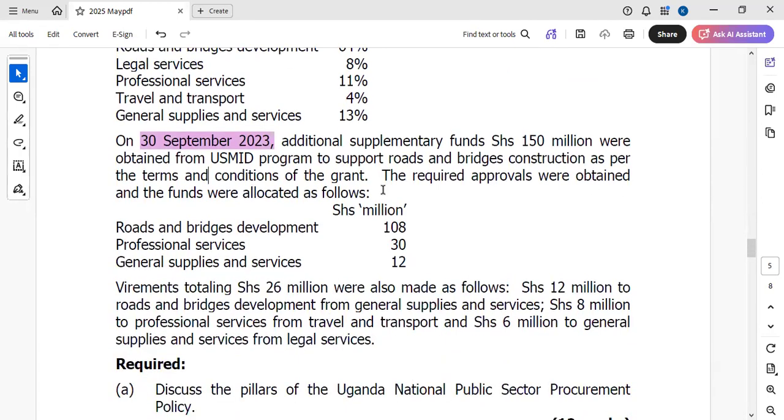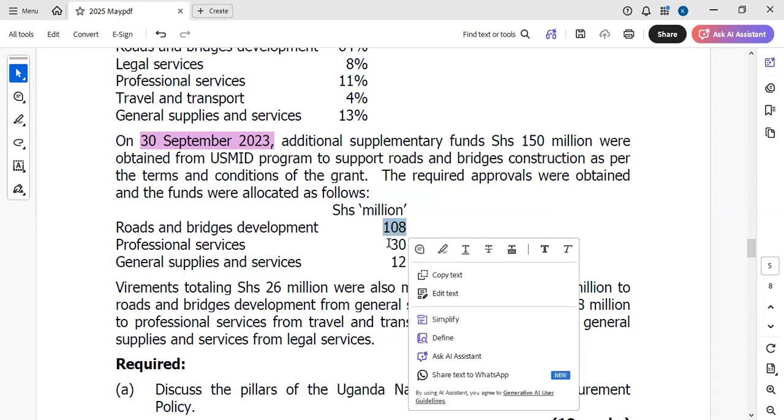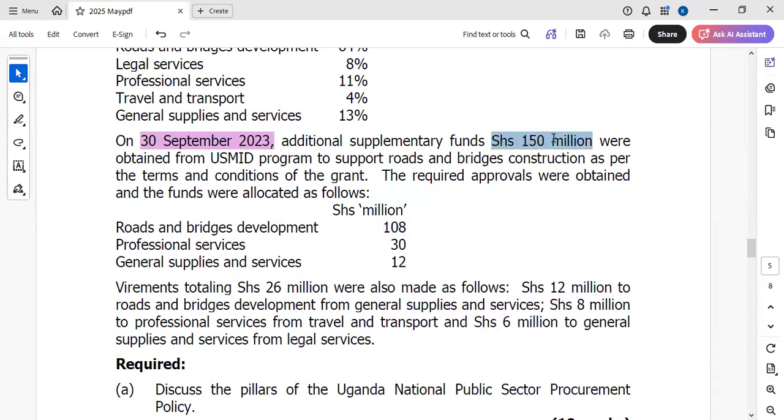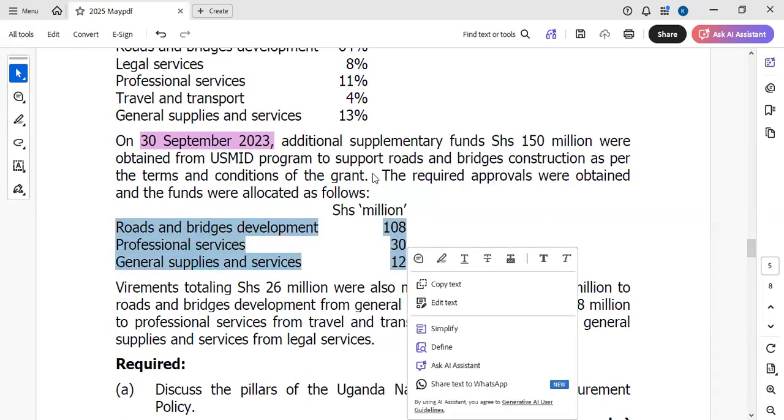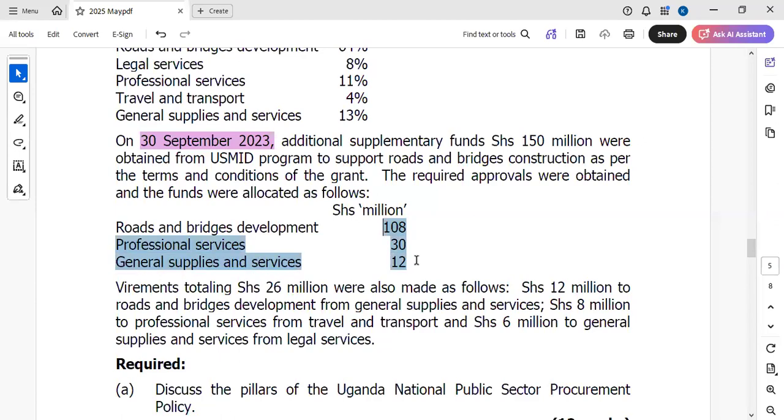But the money we received, you can see that still that money was allocated. If you add these amounts, do we get this figure? If we add these figures, are you getting 150?